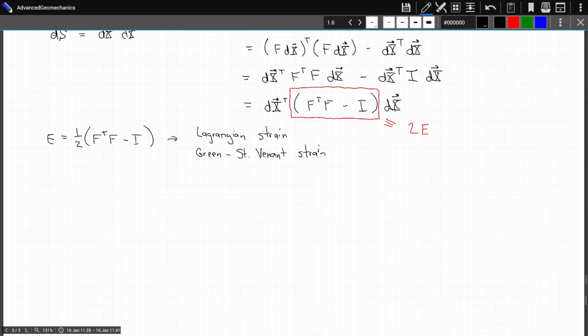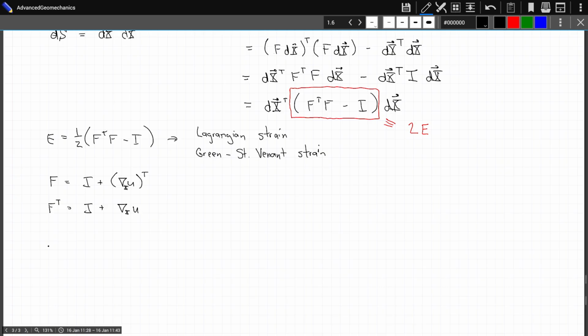Remember, F is I plus grad U transpose. So then F transpose is equal to I plus grad U. We're going to plug those back into our definition of strain for F and F transpose.